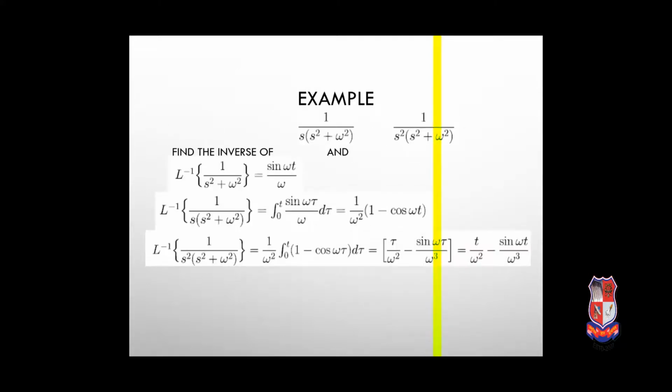Now an example: find the inverse of 1 upon s into s square plus omega square, and 1 upon s square into s square plus omega square.